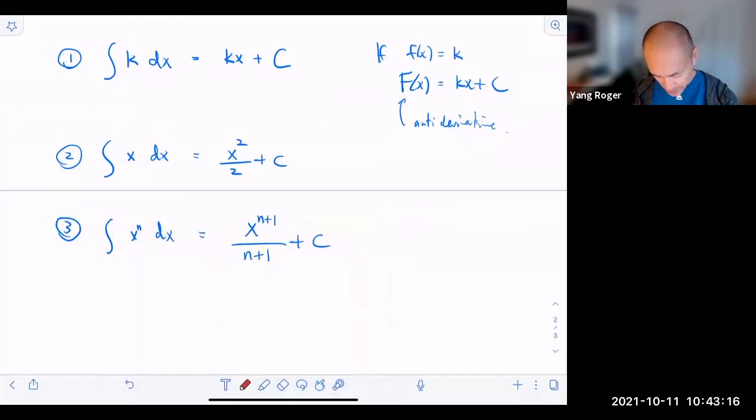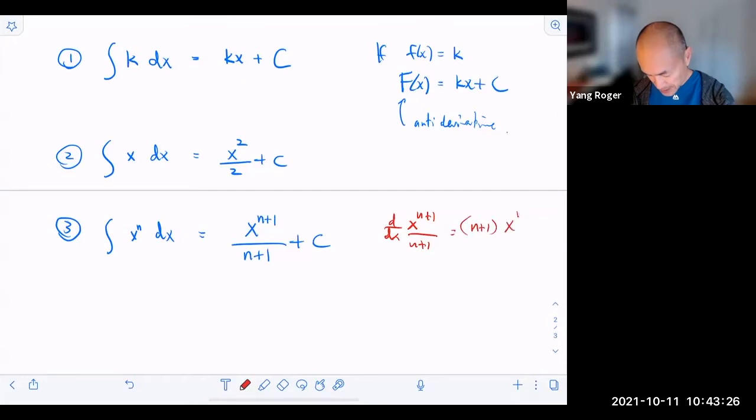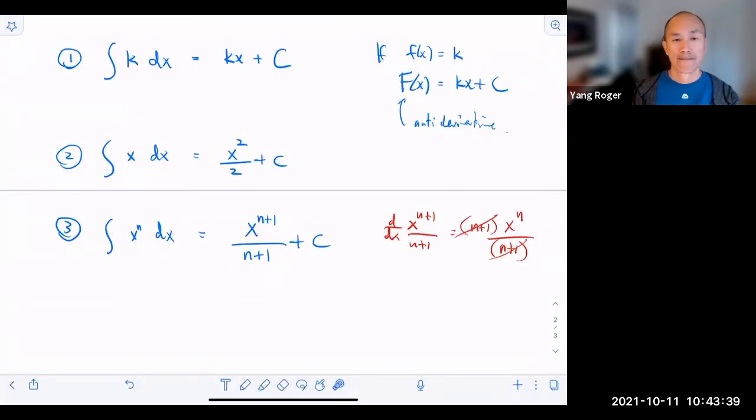Because when you take the derivative of that, what do you get? You bring down the n plus 1, so you get n plus 1 times x to the n. You subtract 1 from the exponent, divided by n plus 1. And then those n plus 1s cancel each other out. So when you take the derivative of the right-hand side, you get this inside part.